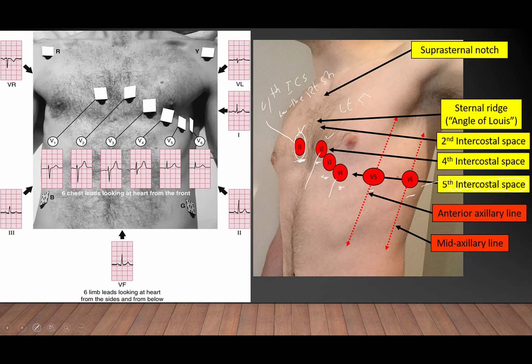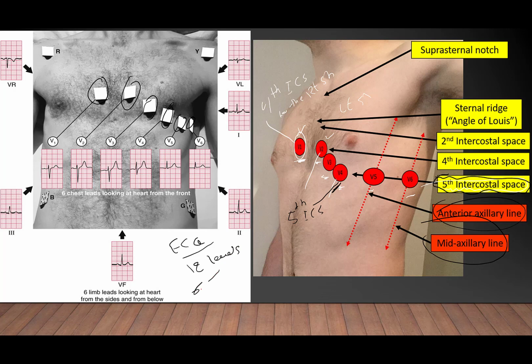V5 is at the anterior axillary line, and V6 at the mid axillary line. This is also another picture: V1, V2, V3, V4, V5, and V6. In general, the ECG is composed of 12 leads.